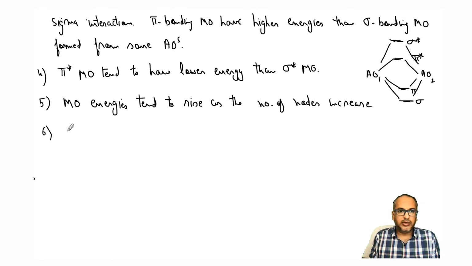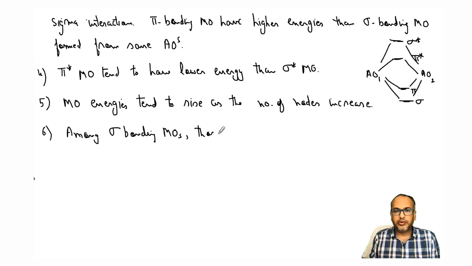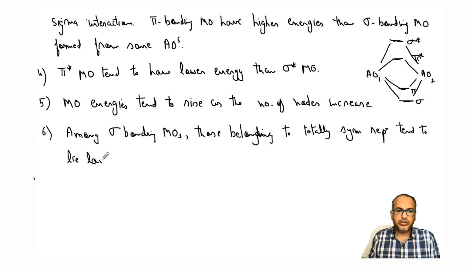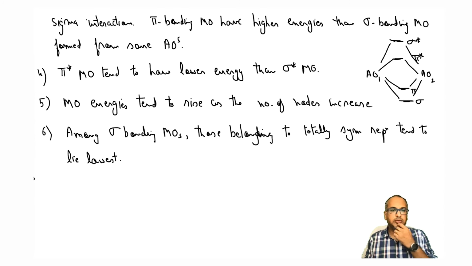Sixth is among sigma bonding MOs, those belonging to the totally symmetric representation tend to lie lowest. So these empirical rules would define the relative energy.